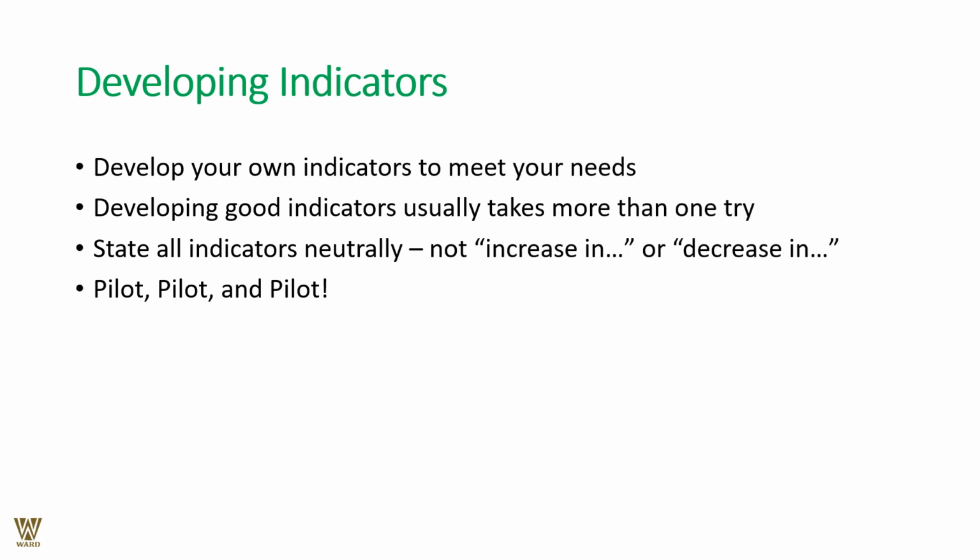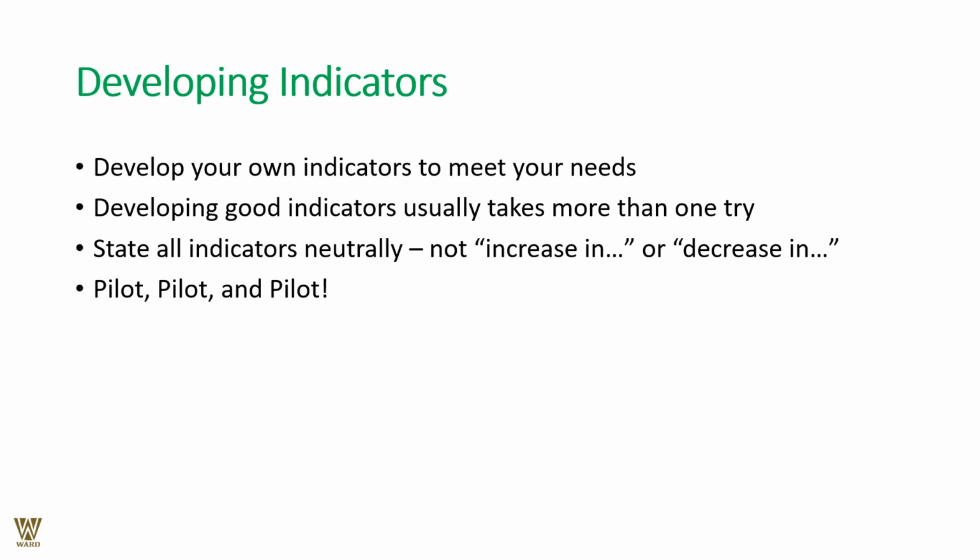Now, developing indicators: develop your own indicators to meet your needs. Developing good indicators usually takes more than one try. State all indicators neutrally, not increasing, probably not even decreasing. Do not tamper with it. Now, remember these things in developing an indicator. Your own indicator is the best indicator. If I suggest something, it will be to my requirement. So please understand what it is that you are trying to address. Develop an indicator for yourself.